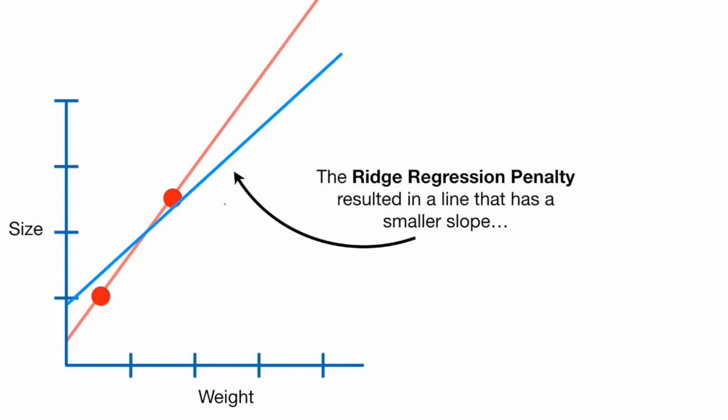So the ridge regression penalty resulted in a line that has a smaller slope. And this is what an ideal scenario would be: with each unit change in weight, the size will also be changing, but with very little variation.